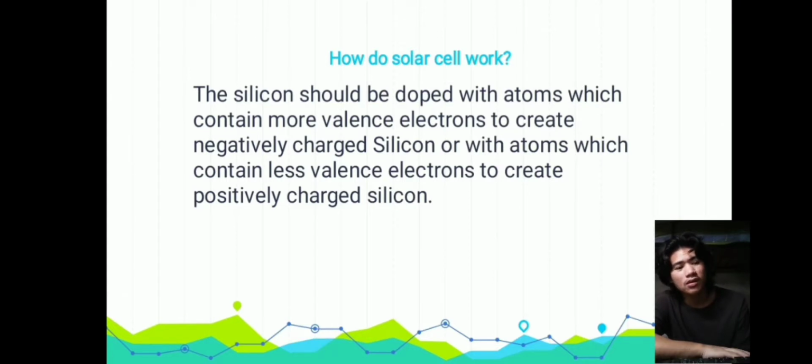So, negative naman yung kailangan, negative or mas lamang yung silicon kaysa sa idadagdag mo. Sa pagpo-form niya ng covalent bond is mas mababa yung valence electron para mag-create siya ng positively charged silicon.